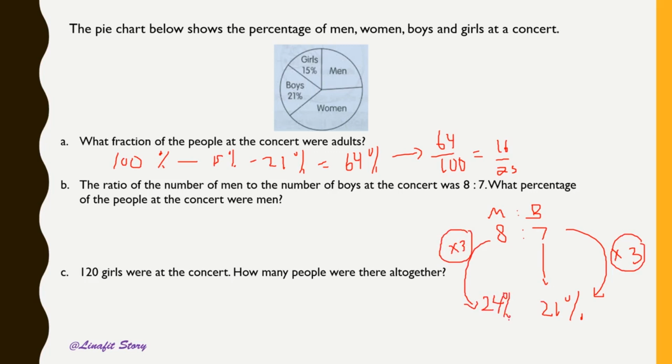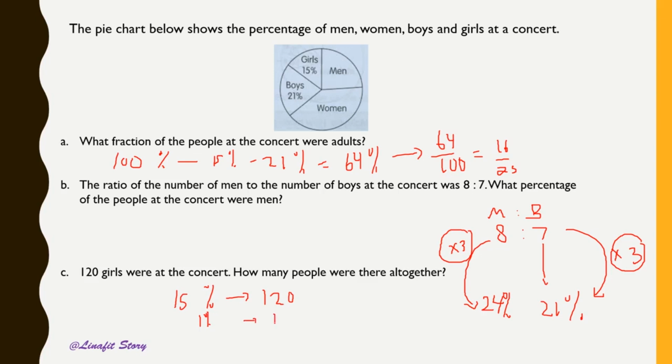So 24% of the people at the concert were men. See, 120 girls were at the concert. How many people were there altogether? So 15% is 120. How to get 1%?